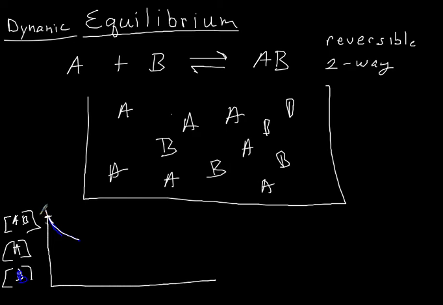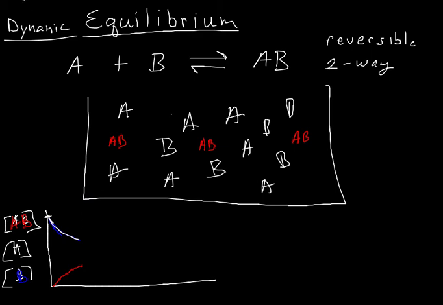As the concentrations of A and B decrease, AB is being produced. So we're producing AB while A and B are combining to form it. Now at some point in this reaction, because there is less A and less B as we're consuming those, the rate of the reaction is going to slow down.